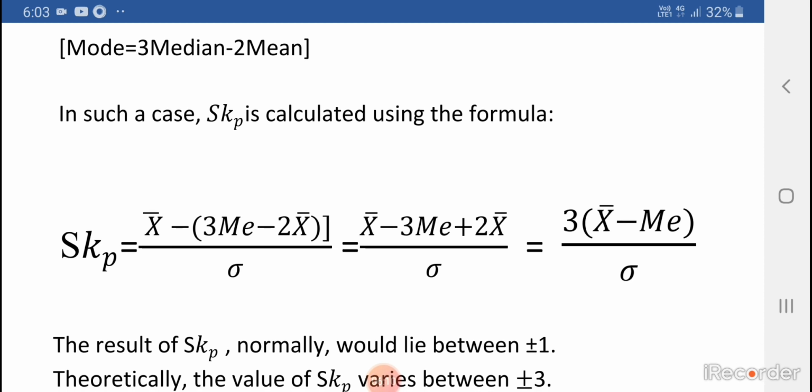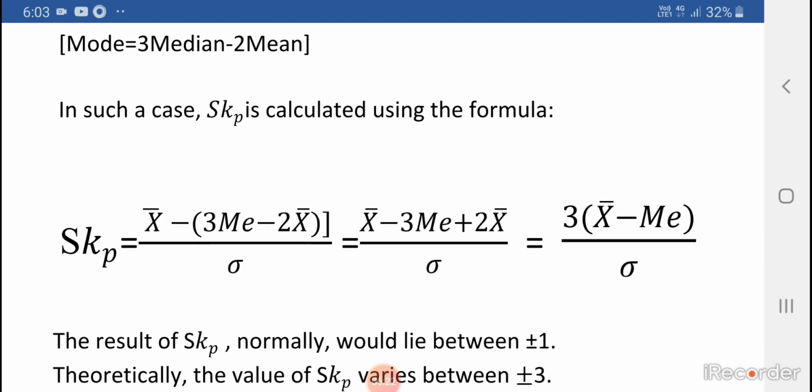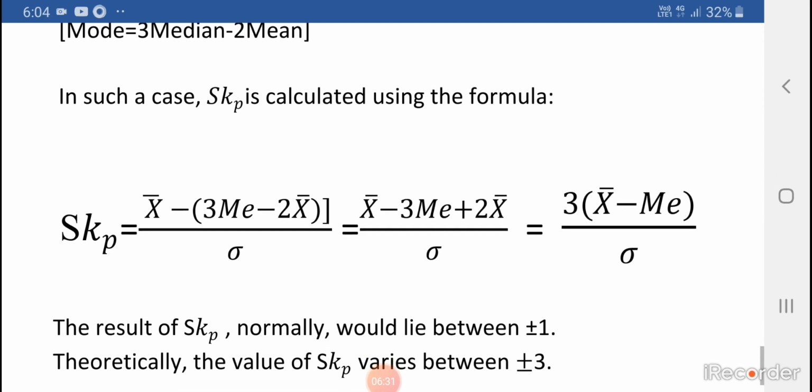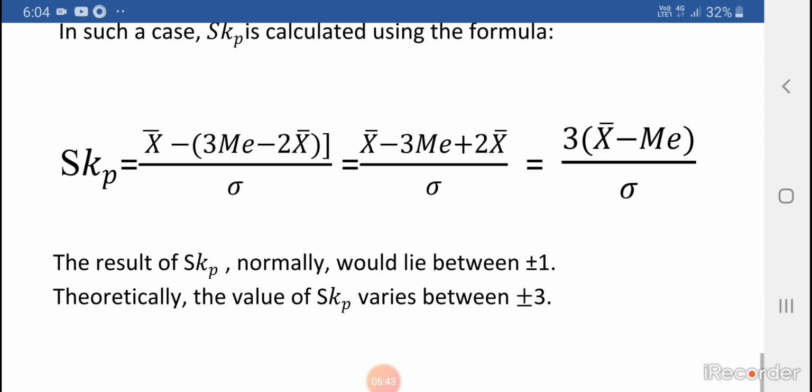In place of z, that is mode, we write the empirical formula, 3 median minus 2 mean, once again divided by standard deviation. Simplify that, and you will come to the formula SKP is equal to 3 into x bar minus median divided by standard deviation.